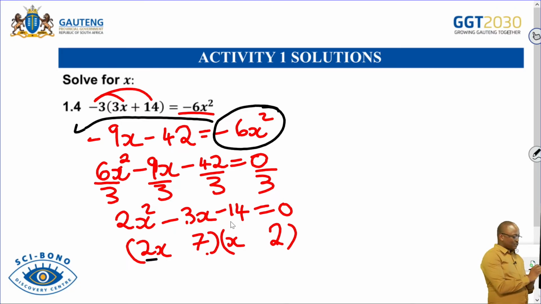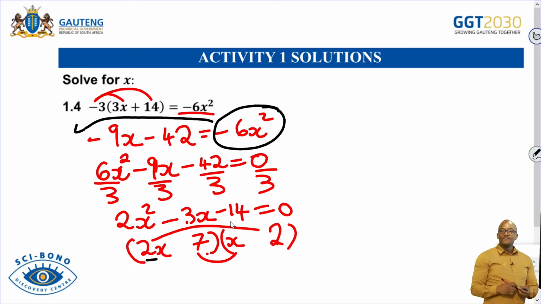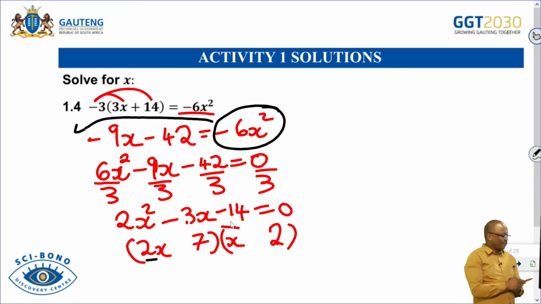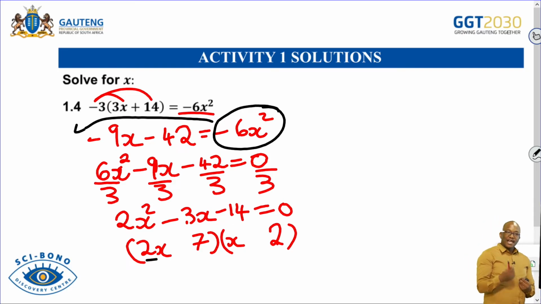If you say 2 multiplied by 2, you are getting 4. If you say 7 multiplied by 1, you are getting 7. If you say 4 minus 7, then you are going to get 3, of which those are the 2 factors that we can work with. So now the last term is negative. The signs that you can multiply and give you negative are only positive and negative.